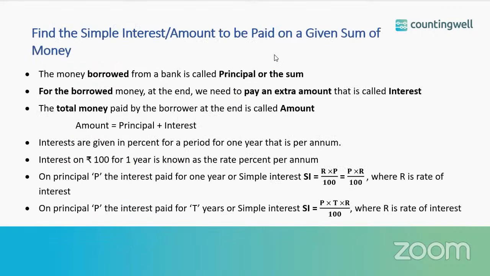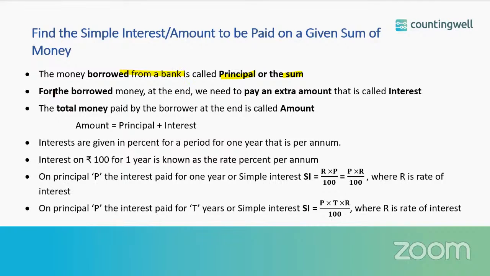Now let us see how to find the simple interest amount to be paid on a given sum of money. What is principal? Principal or the sum is nothing but the money you are borrowing from the bank for your purpose.